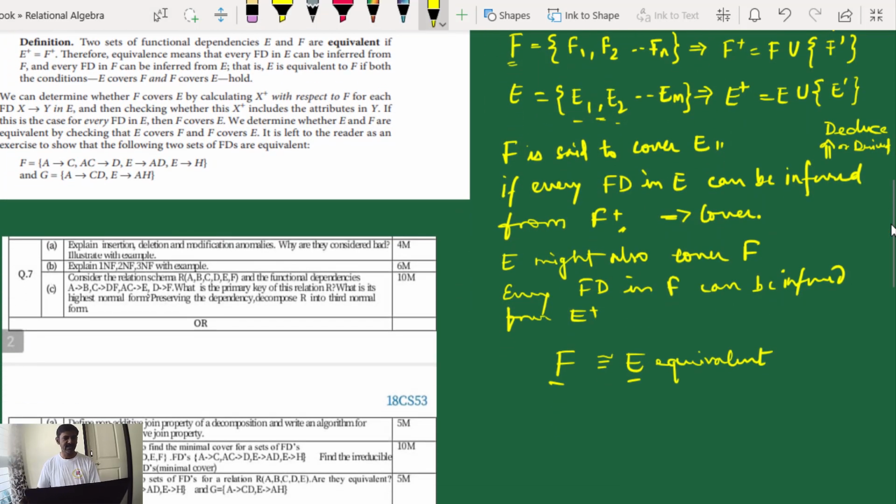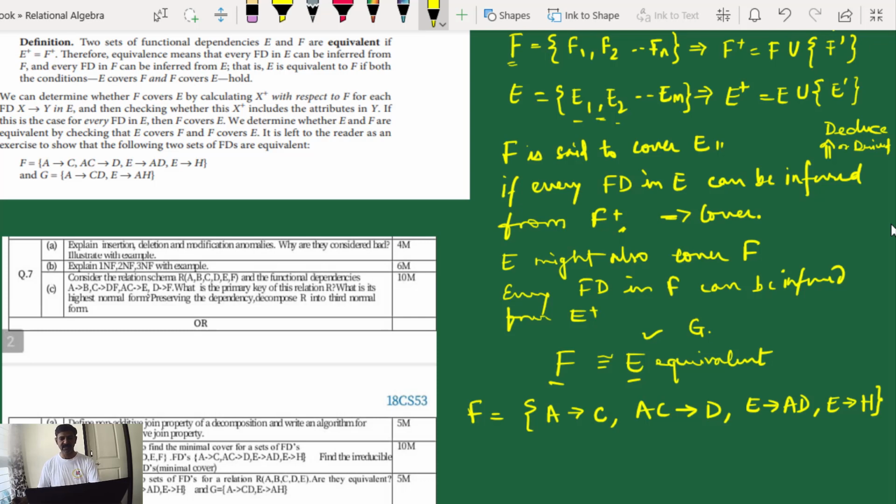Consider this example. In the exam, you may be given a problem like this. In fact, this is what is given in one of the question papers that I shared. You are given F: A arrow C, AC arrow D, E arrow AD, and E arrow H. Now we have to check whether F is going to cover G. Instead of E, he has given G, so don't get confused.